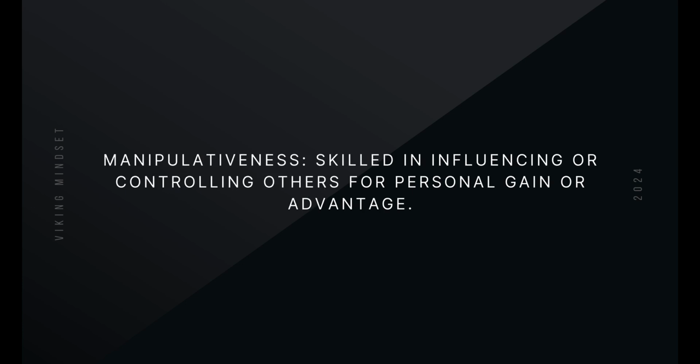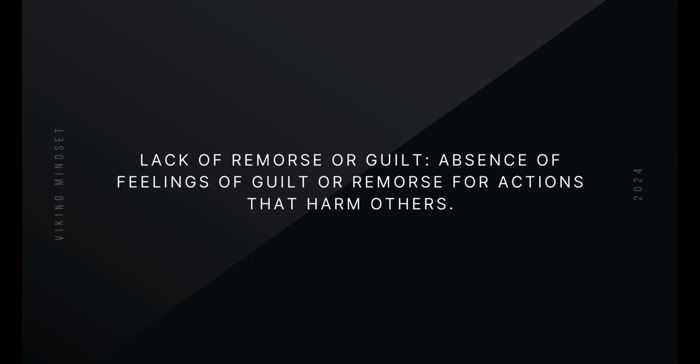Then we have manipulativeness, skilled in influencing or controlling others for personal gain or advantage. There is a remarkable lack of remorse or guilt, absence of feelings of guilt or remorse for actions that harm others. They can do anything at all with emotional impunity.